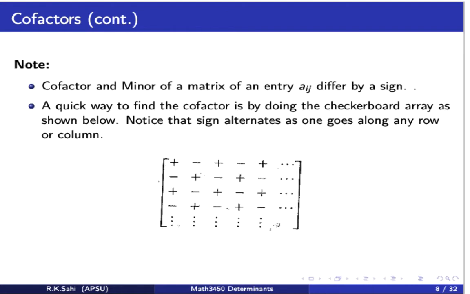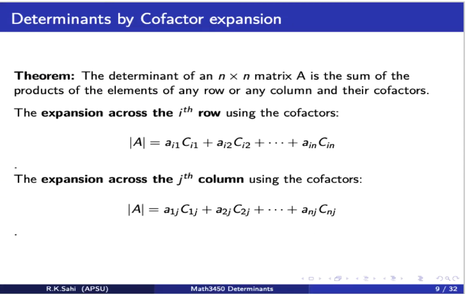Okay, now comes how we can use these cofactors to find the determinants. We're going to find the determinants by a cofactor expansion. What basically it means is that you can go along either a row or a column to do it. So let's read the theorem.